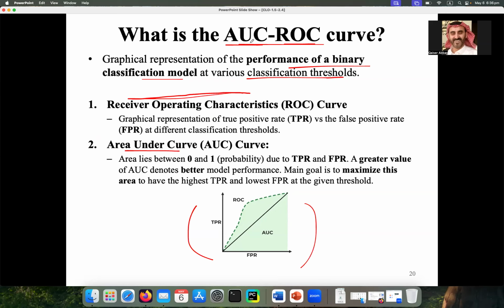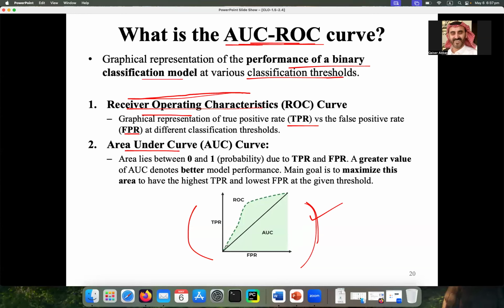And AUC-ROC is a graphical representation like you are seeing here, but this is not the actual representation. This ROC curve is again a graphical representation between TPR and FPR.